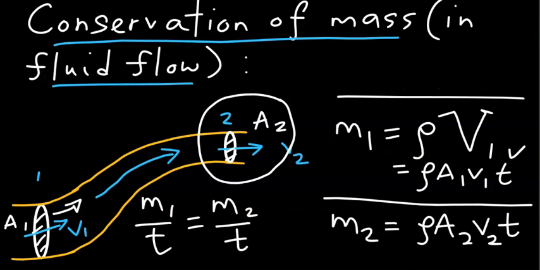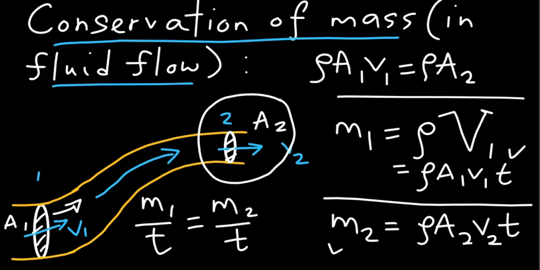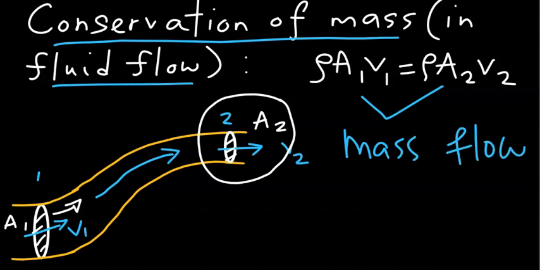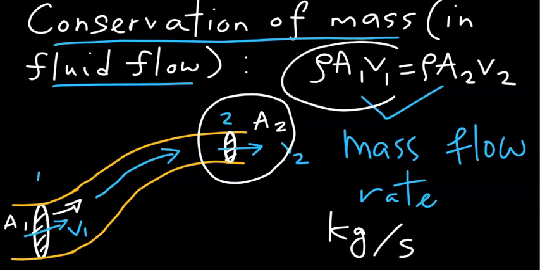From the first equation, m1 over t is quite simply the density times cross-sectional area A1 times speed v1, and m2 over t from the second equation is density times cross-sectional area A2 times speed v2. So what this equation is saying, the mass flow rate is constant for this fluid flow. The unit for mass flow rate is kilograms per second. So the unit of this term and that term is kg per second.